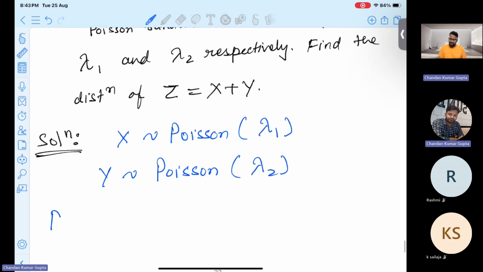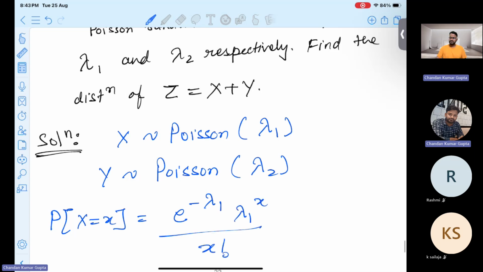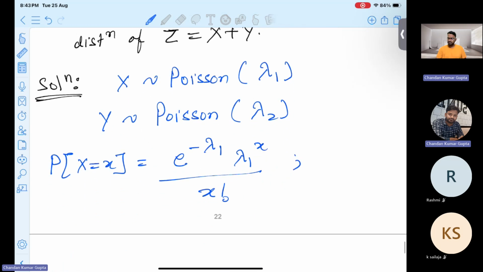So that means the probability that X is equal to x is e to the power minus lambda1, lambda1 to the power x upon x factorial, for x equal to 0, 1, 2, and so on, and lambda1 is greater than 0.